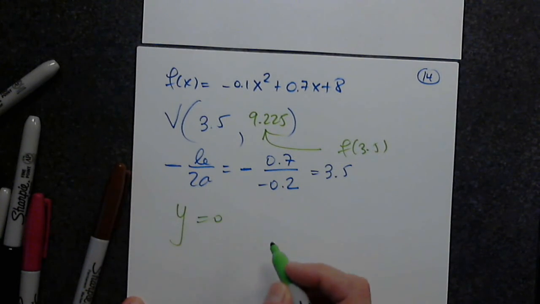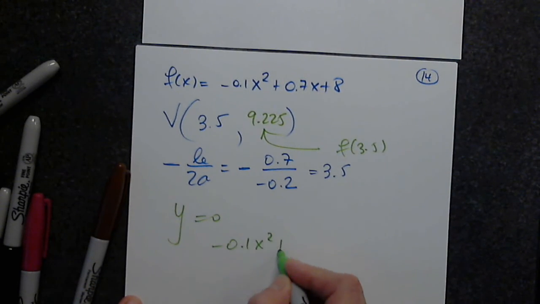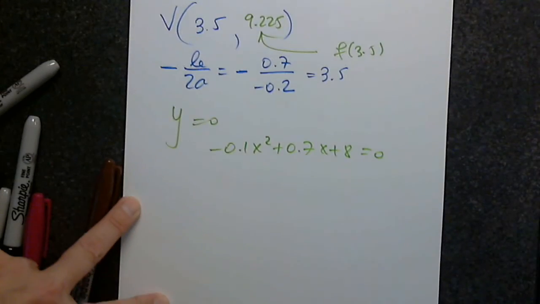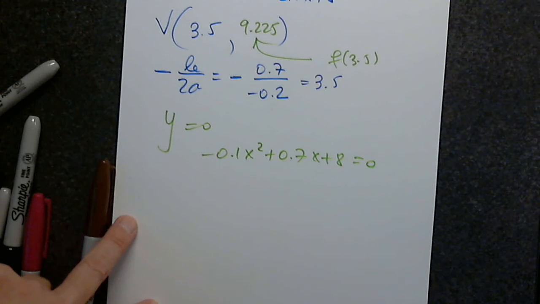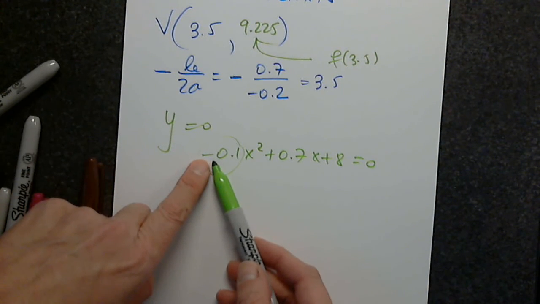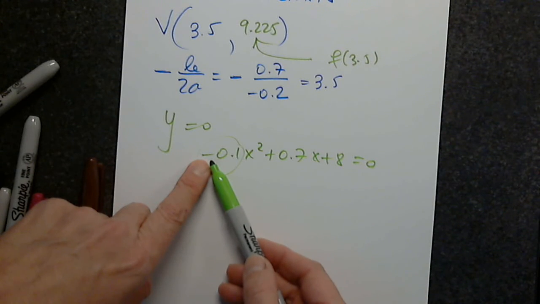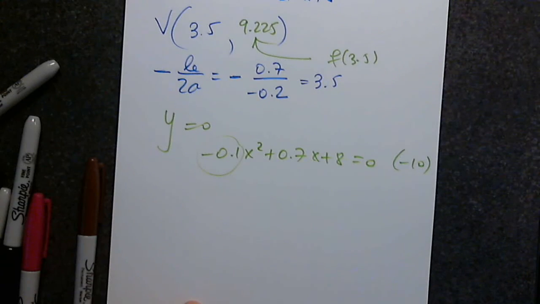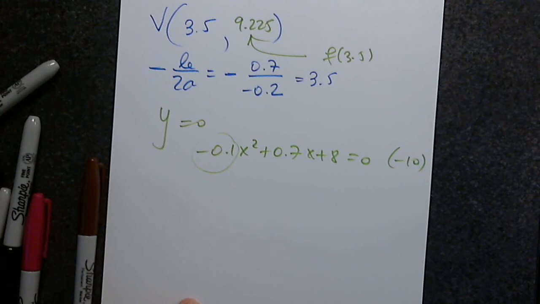So y equals 0: negative 0.1 x squared plus 0.7 x plus 8 equals 0. I will use the quadratic formula, but first of all, I will never solve a quadratic equation with a negative leading coefficient. So taking advantage of that, I'll multiply by negative 10.